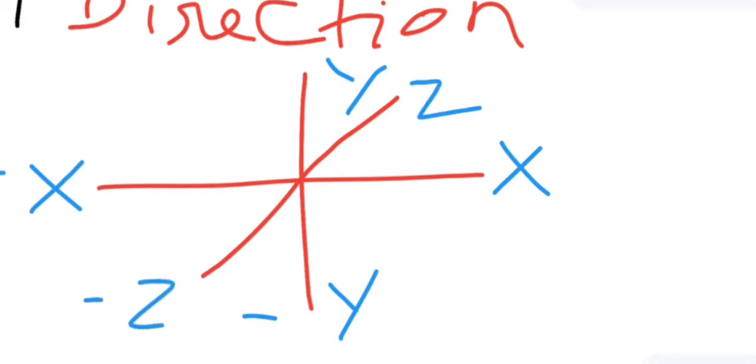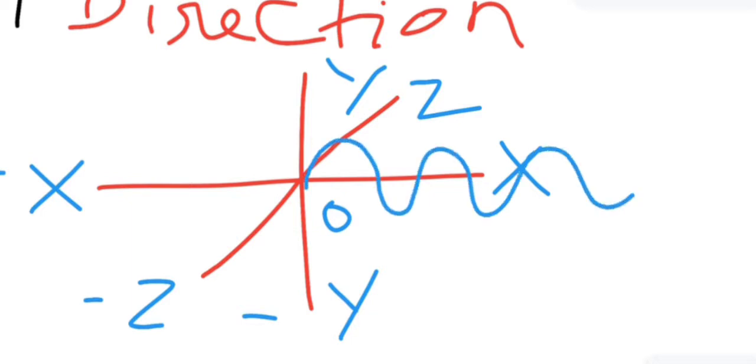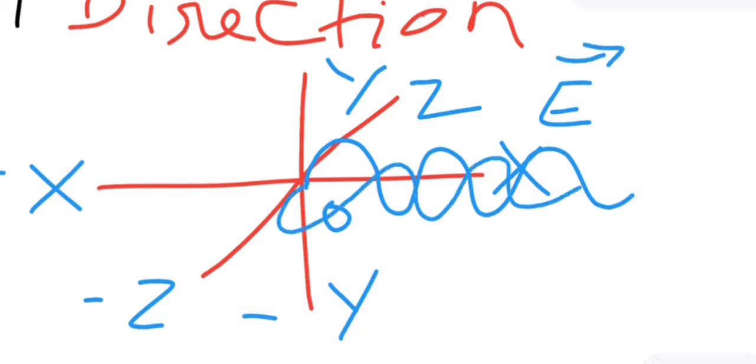So this is a three-dimensional axis, and here is the origin. Now if the wave propagates in space, and this is the electric field, then the magnetic field is like this, which is parallel to the ground, or perpendicular to this white box. Okay, perpendicular to the electric field.